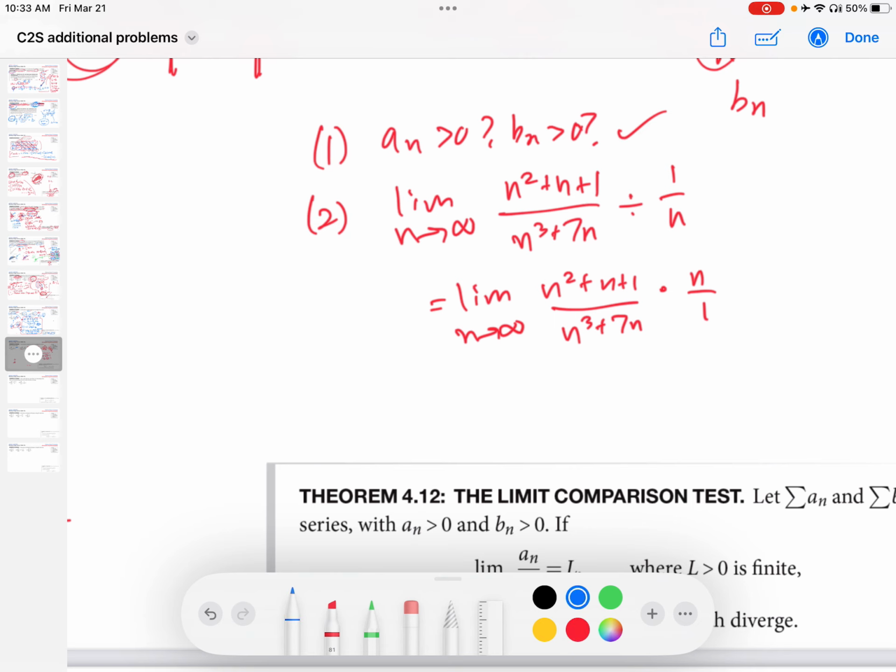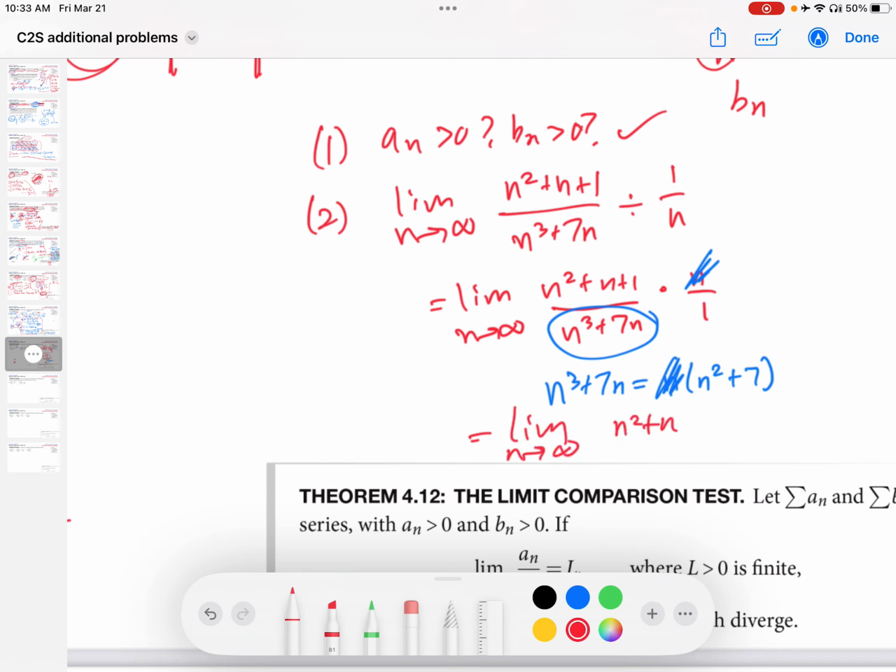Well, if I look at this denominator, this is n cubed plus 7n, factor out an n, get an n squared plus 7. Okay, so that's my denominator. And this n is going to cancel with that n. So what I'm left with is limit as n goes to infinity of the numerator, n squared plus n plus 1, divided by what was left, n squared plus 7.